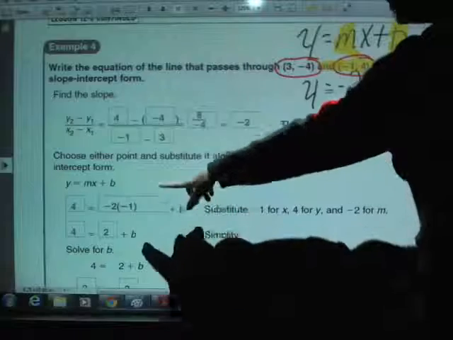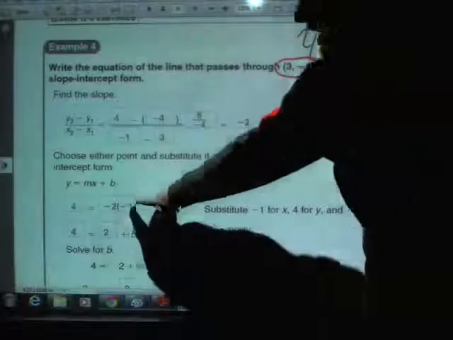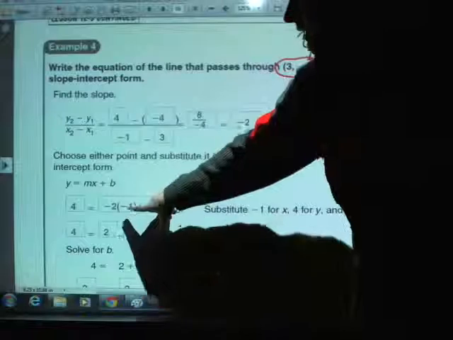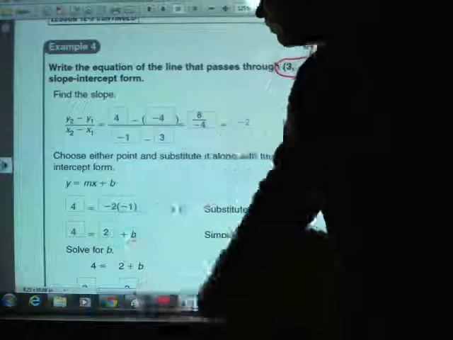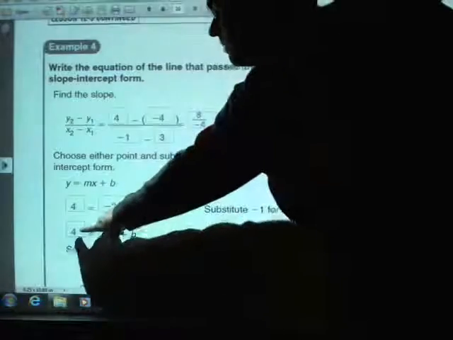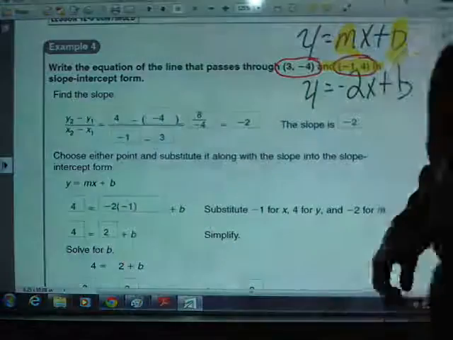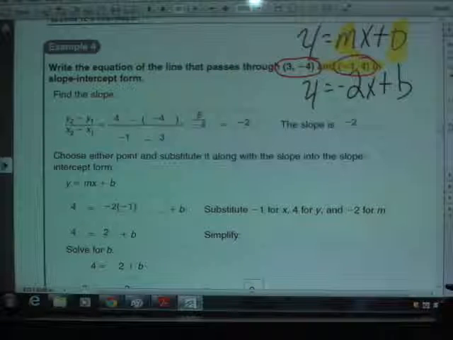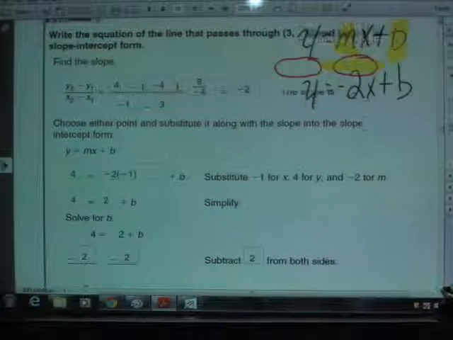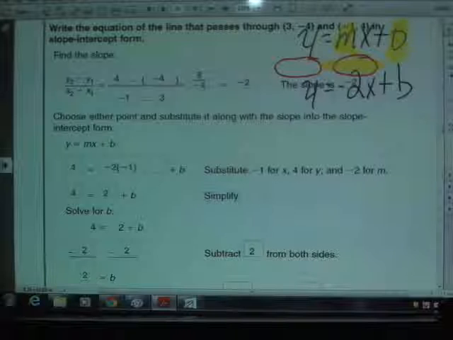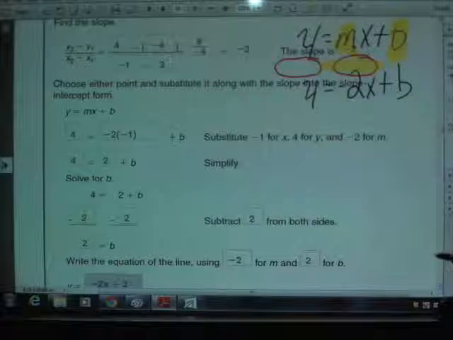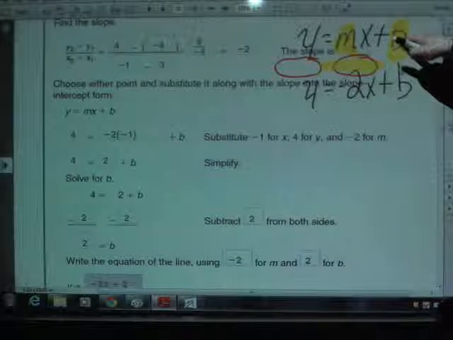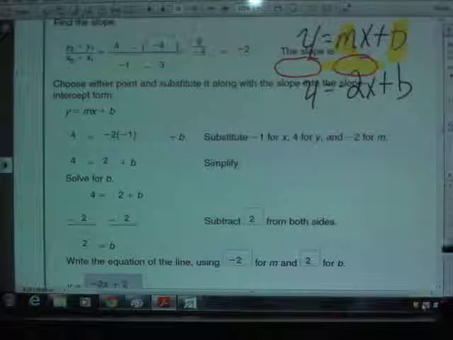And then we're going to go ahead and solve what this says. First thing I can do is simplify this middle part because that's -2 times -1, which is 2. So I've got 2 + b = 4. So 2 plus what number makes 4? Well, we know that 2 + 2 makes 4. And so b has to equal 2, which is what they're showing you right there, showing you the proper way as if we were solving an equation. All right, but now that I have b, I have the other thing I needed back up here in order to write my final equation.